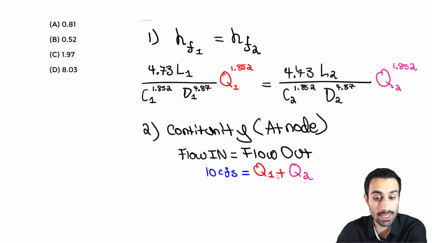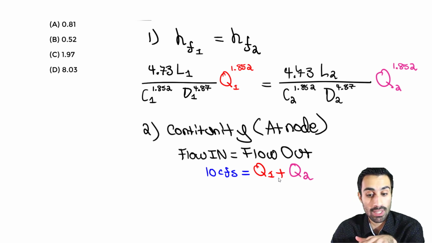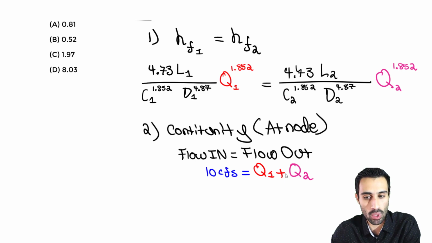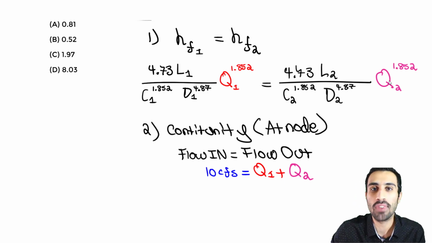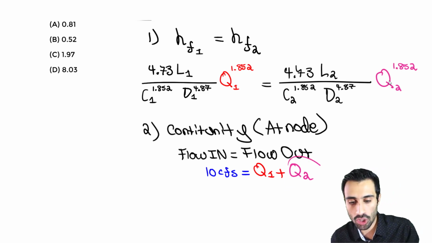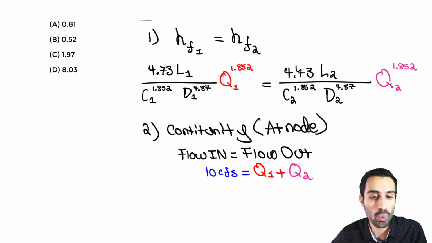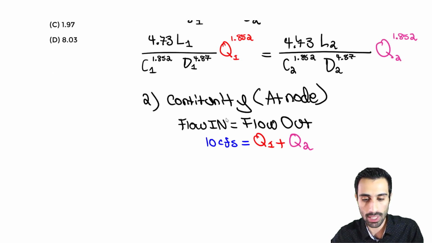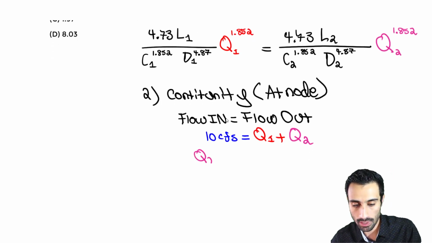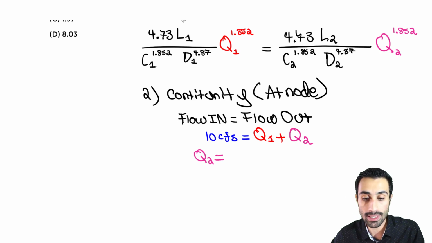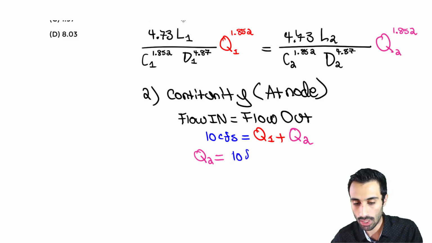So now this is going to be important because we can actually solve for Q2 in terms of Q1. If we solve for Q2 in terms of Q1, we can plug it in here and we get one equation, one unknown. So the way this would look is Q2 is going to equal the 10 CFS, 10 cubic feet per second, minus Q1.